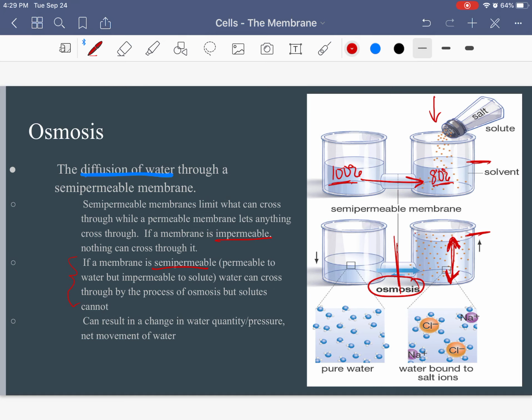Think of it like a water balloon. If I add water to a water balloon, I'm increasing the amount of pressure on that balloon. And I can increase it to the point where the balloon will actually rupture and burst. And the same thing can happen to cells. So water will move into and out of the cell. And if it gets enough of it inside the cell, the water can actually rupture that cell membrane.